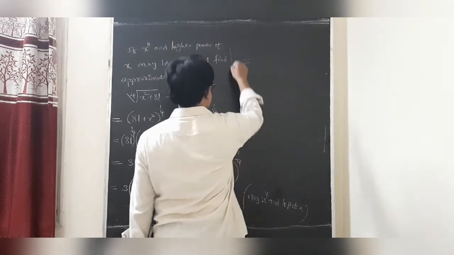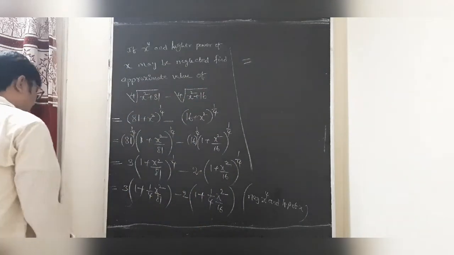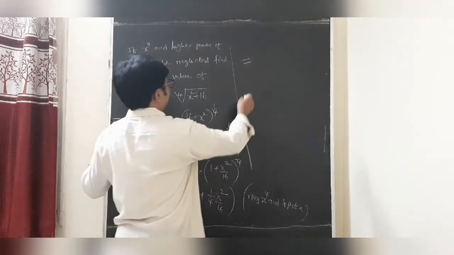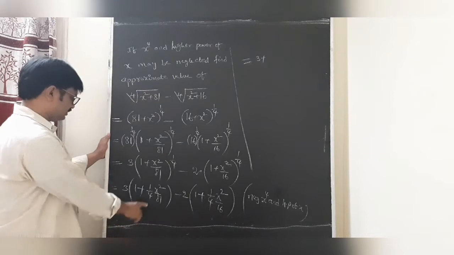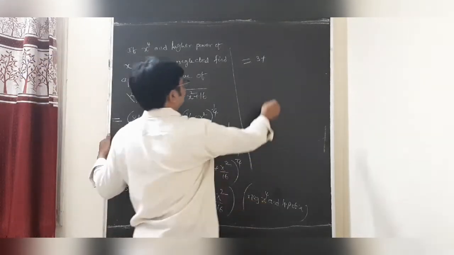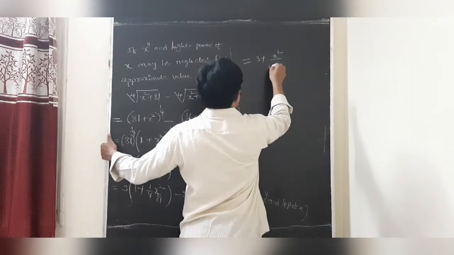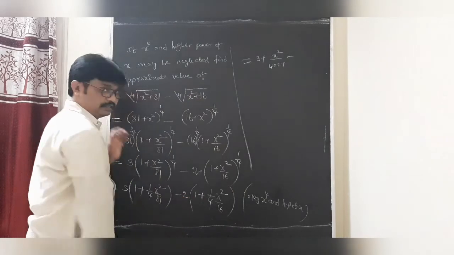So students, how to write this one? 3 ones are 3, this is 3 ones are 3. After that, x square upon 4 into 27, minus 2 ones are 2.